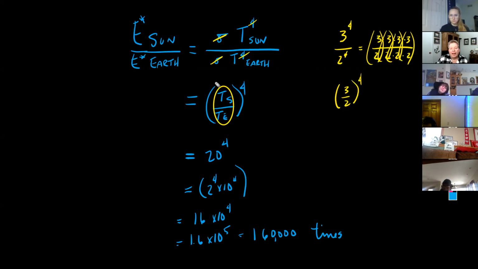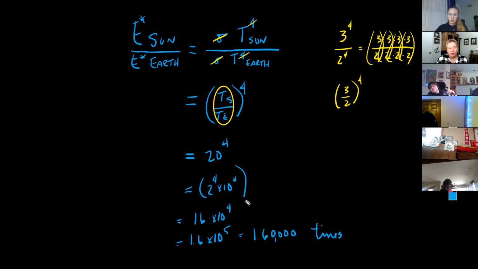Yes. Okay. And then do you understand that I can take the exponent out? And then I'm just taking the ratio, which is the question, how much hotter is the sun than the earth? We just figured that out, right? We knew the answer is 20. So 20 to the fourth, that's 160,000, 20 times 20 times 20 times 20. But you know that, right?